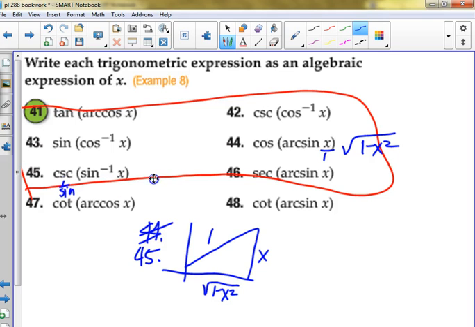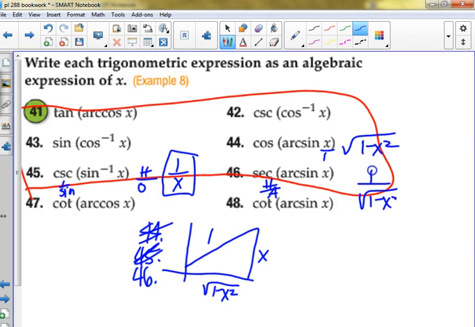That's going to be 1 over x. Okay. Number 46 is the same triangle, and it wants the secant, which is hypotenuse over adjacent. Ick. 1 over this mess will become what?